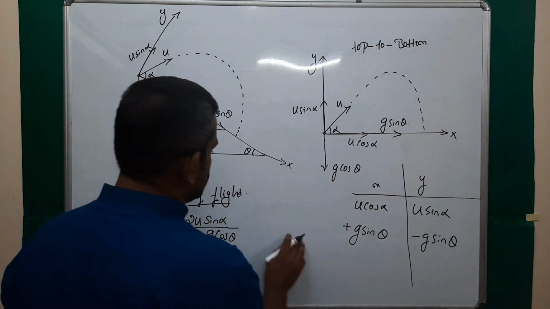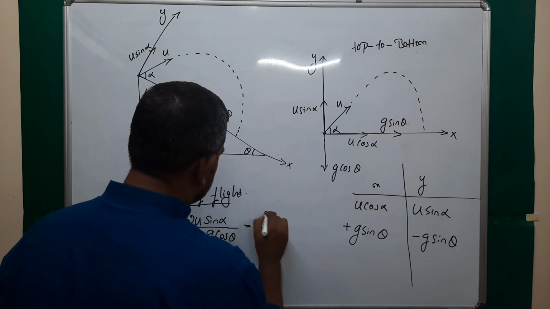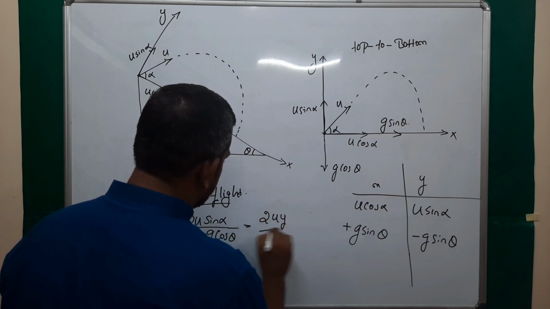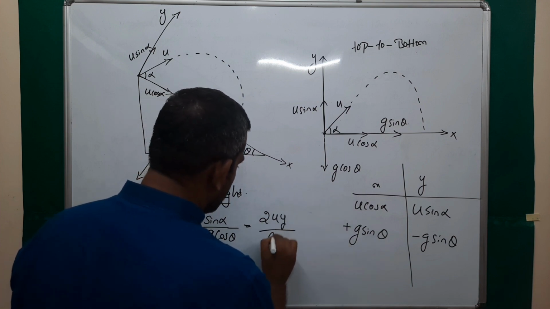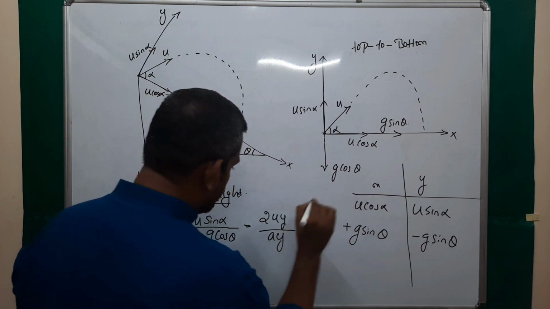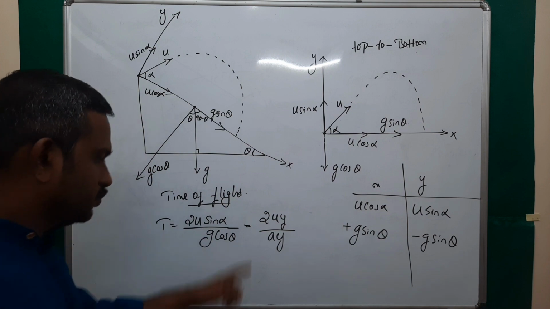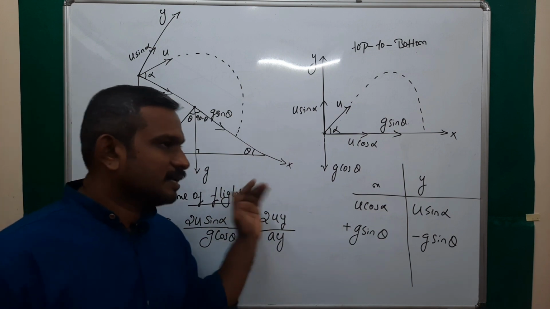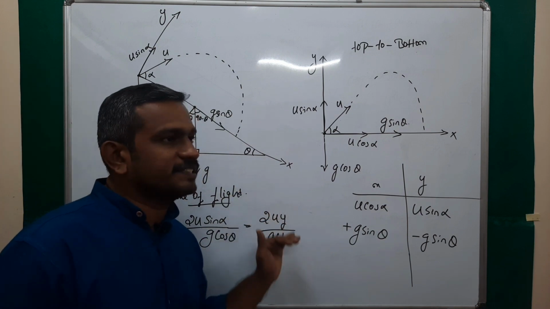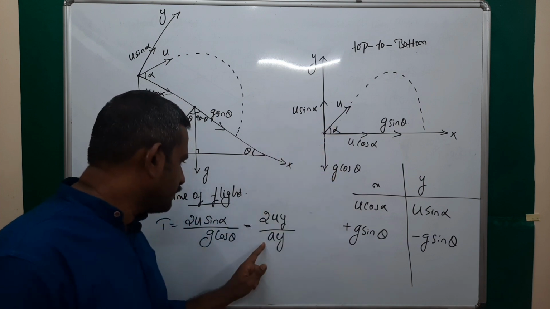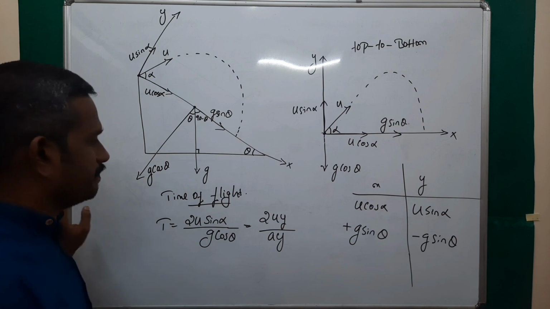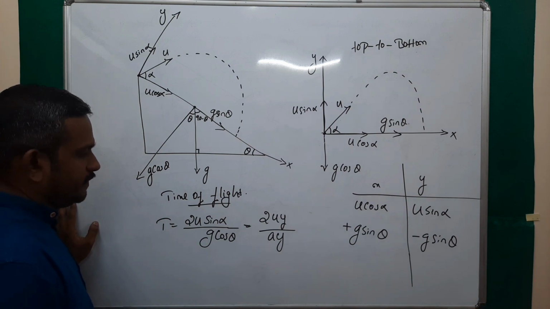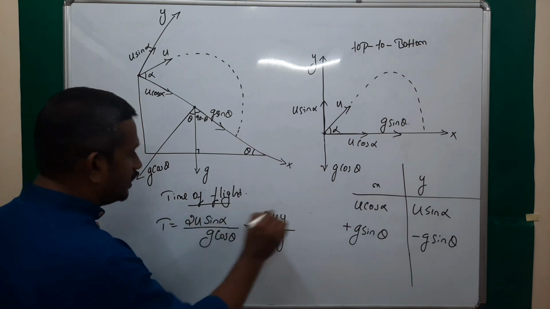We can write that as 2uy divided by ay, that is 2 times the velocity in the y direction divided by the acceleration in the y direction, that is g cos theta. So time of flight will not have any change.